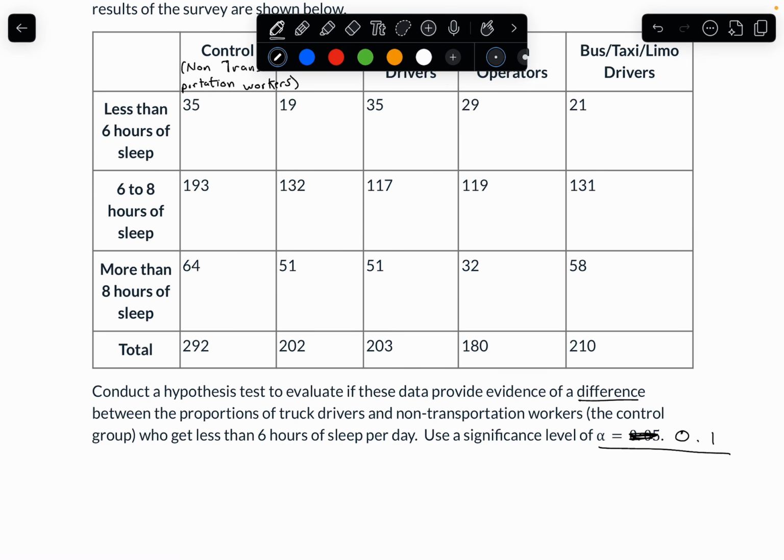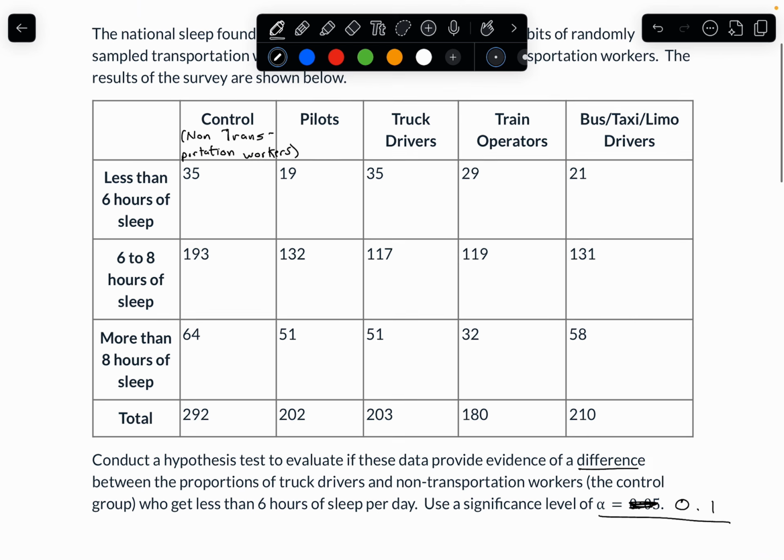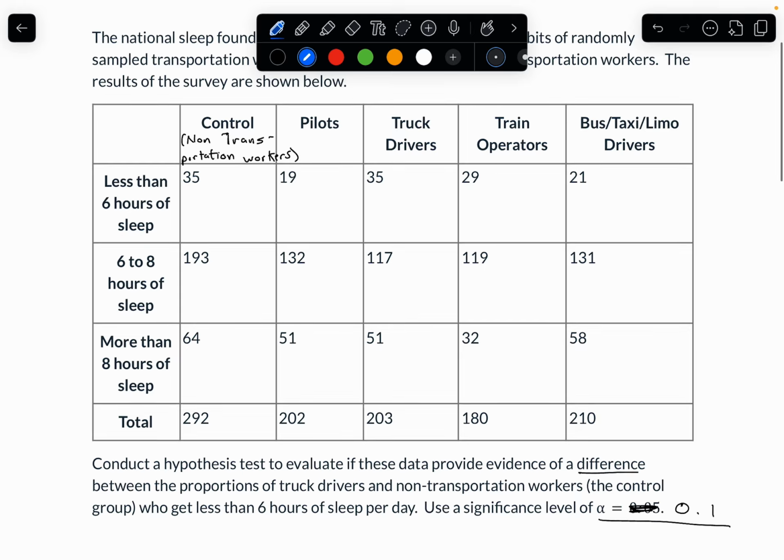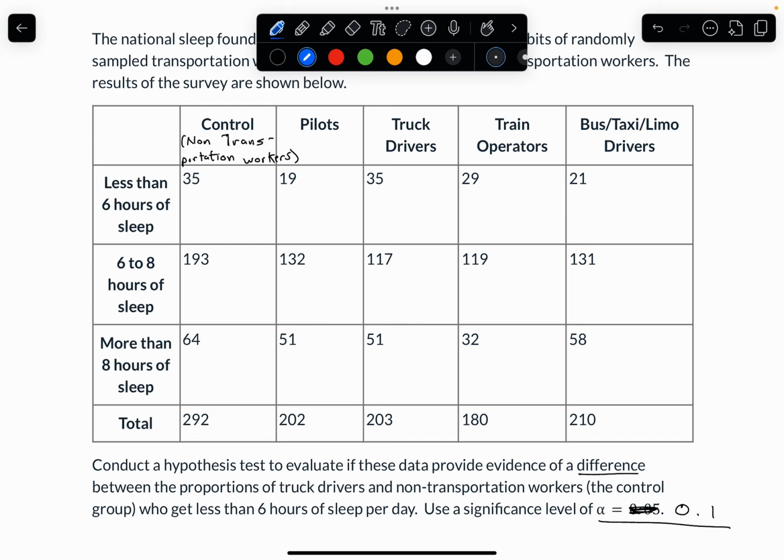As we start, the first step is always to set up our hypotheses. What does that look like? Let's make a decision right here at the beginning of our problem, which of these groups is going to be group 1 and which is group 2. Just for ease, let's call the control group group 1, and the truck drivers group 2.